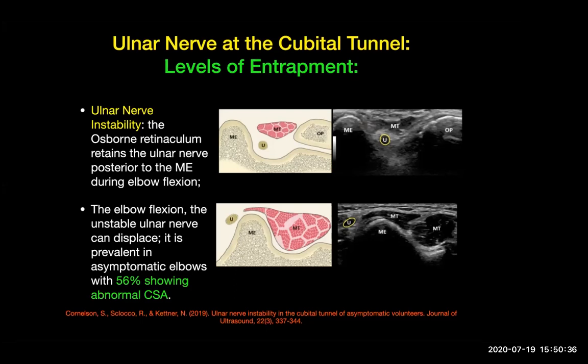So it's possible that you don't feel anything, but if you measure the cross-sectional area of your ulnar nerve, it could be swollen because your ulnar nerve is subluxating or to some extent dislocating.